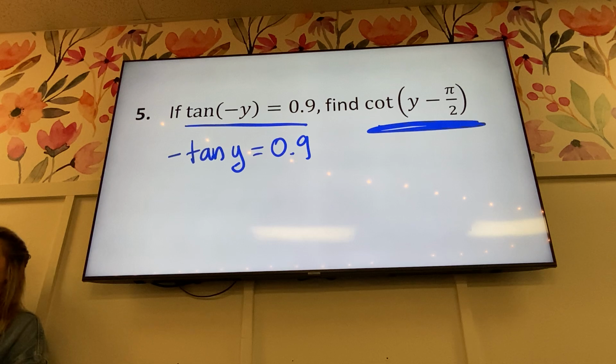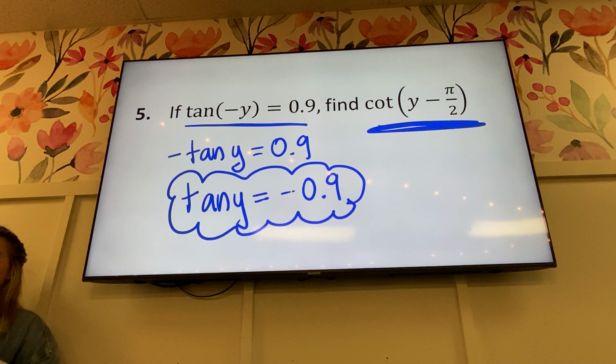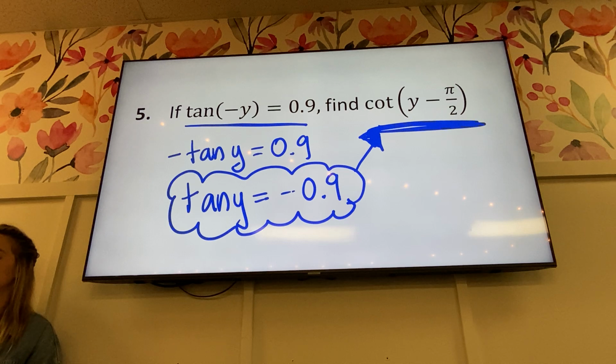So I can say negative tangent y equals 0.9. And then I can divide by the negative, and I can say that tangent y is negative 0.9. Does that make sense? You have to make that trig normal so we can use that after we use the identity over here.